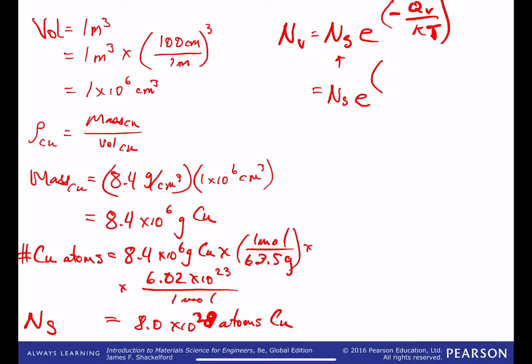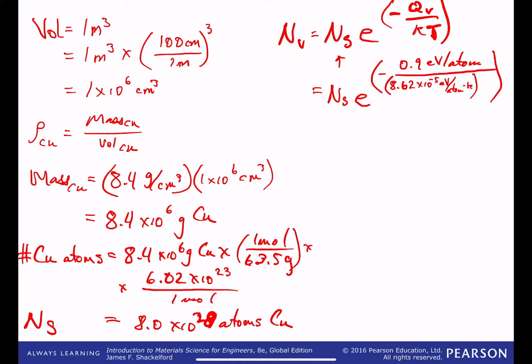So e to the power of minus 0.9 electron volts per atom was the provided activation energy to create a vacancy, divided through by the Boltzmann constant in electron volts per atom per K. And that value is 8.62 times 10 to the minus 5 electron volts per atom per K. And of course we need to multiply that by the temperature.